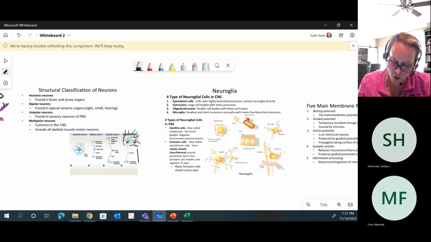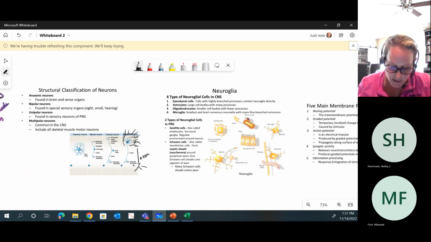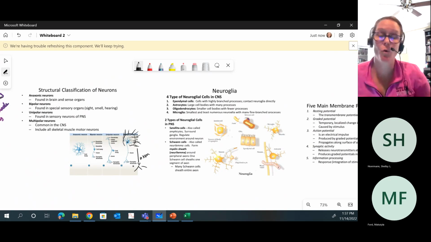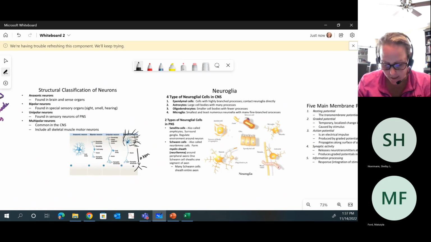And then it has a long axon that might end in 3 or 4 or 5 little synaptic knobs. And this is, again, going to be one of the neurons that we've very well categorized. We'll have it as a model to look at in our lab. And it's very clear. It's the one-eyed monster. It is our multipolar neuron.